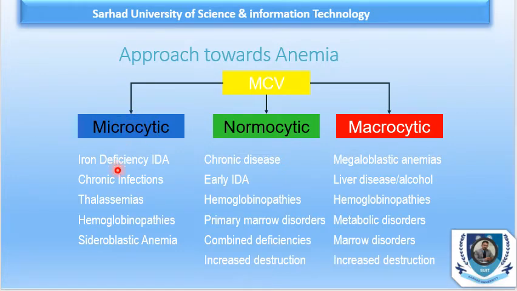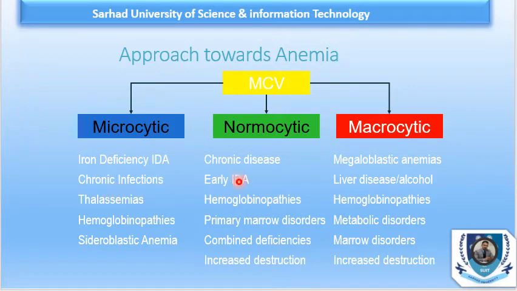And here are some diseases. In microcytic hypochromic anemia, we have the most important, iron deficiency anemia, some chronic infections, thalassemia, hemoglobinopathies, and sideroblastic anemia is an important example of microcytic hypochromic anemia. In normocytic anemia, we have chronic disease, early IDA, as there are some phases of iron deficiency anemia.